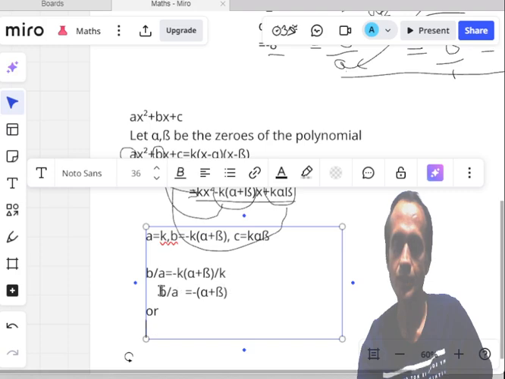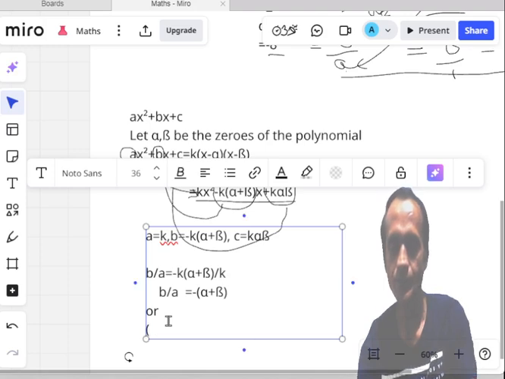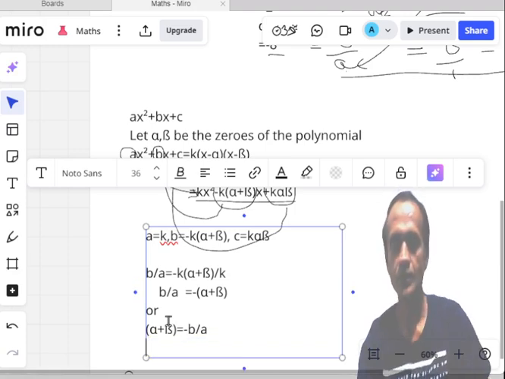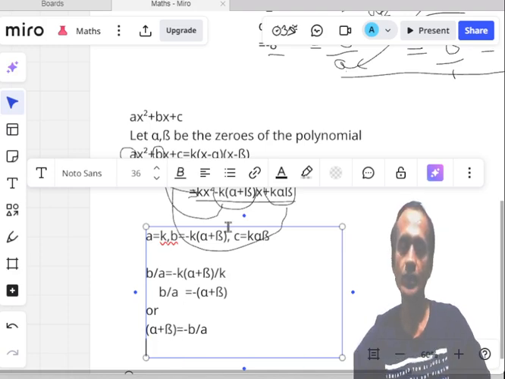The k and k get cancelled because k is a constant, or we can write this as alpha plus beta. So the sum of the zeros of a quadratic polynomial is equal to minus b by a. This is the relation that we have found.